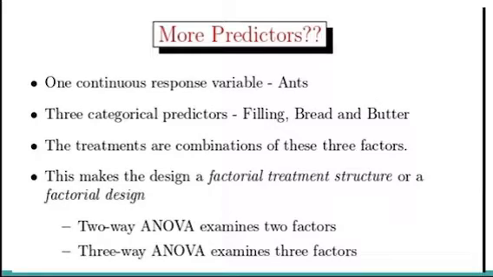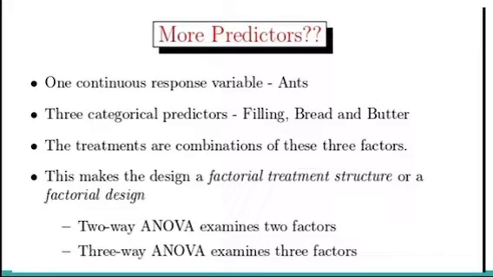Now, if we have 3 categorical predictors: filling, which is the type of sandwiches; bread, types of bread; butter, whether the bread has butter or not. Because don't forget, we basically want to see the degree of attractiveness of type of sandwich.